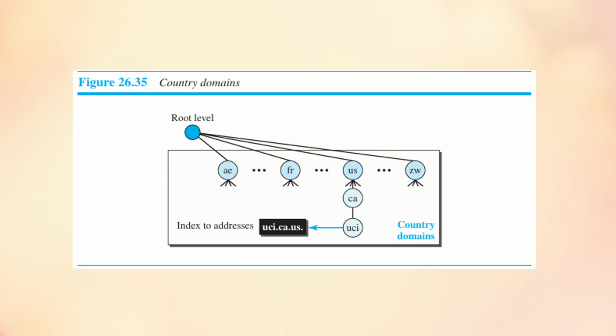For example, CA.US, like that. So here if you see, it shows the country domains section. The address uci.ca.us can be translated to University of California, Irvine in the state of California in the United States.